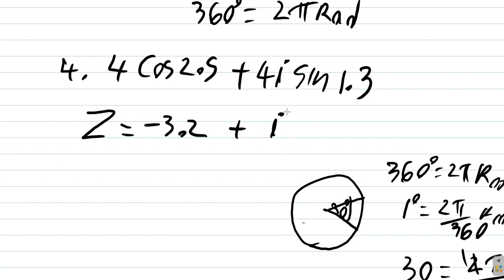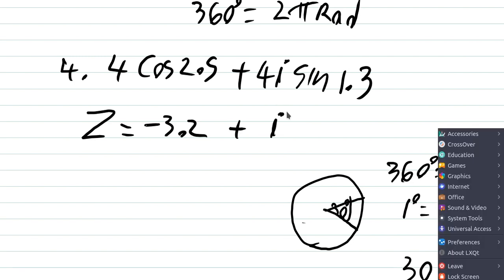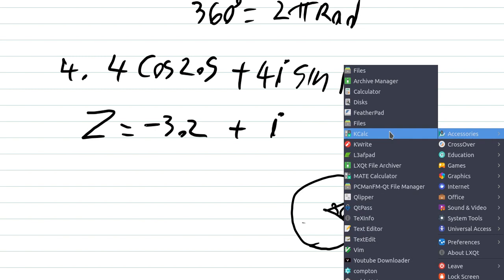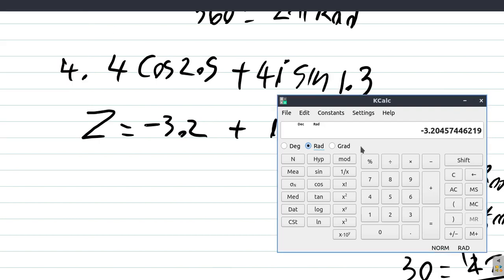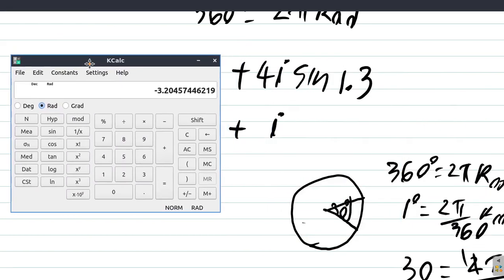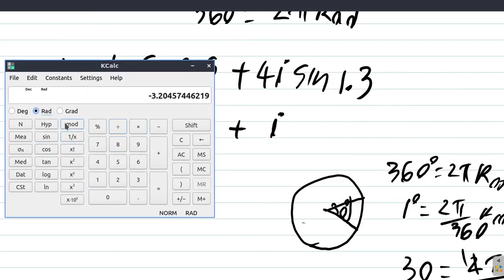Then I want the sine. I'm going to use the sine now. So let's get back that calculator, and I say we have sine. Let's clear it.